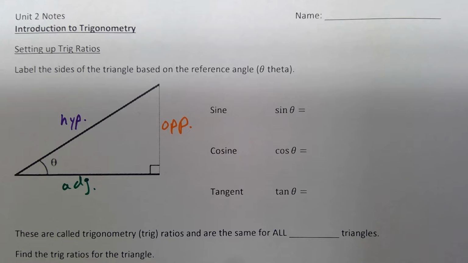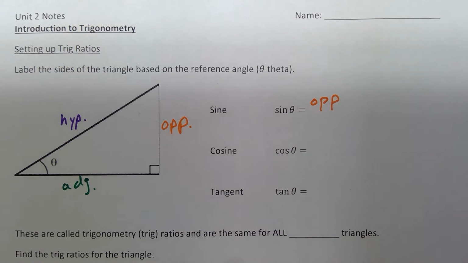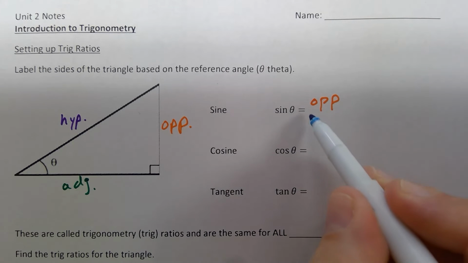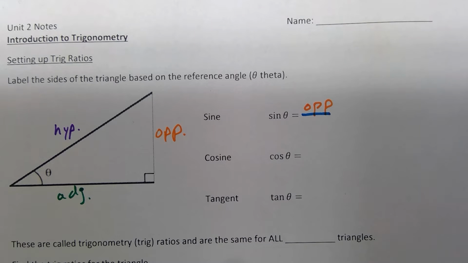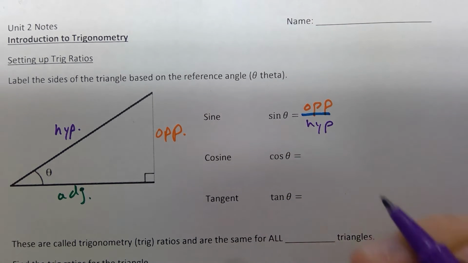Now, what we can do with all of these sides is, since we know that right triangles can be similar if they have congruent angles, we have these ratios that we call sine, cosine, and tangent. Okay, so these are just words that we're going to need to make sure that we know and see what these equations are going to be equivalent to. So the sine ratio is going to be my opposite side length over my hypotenuse side length.